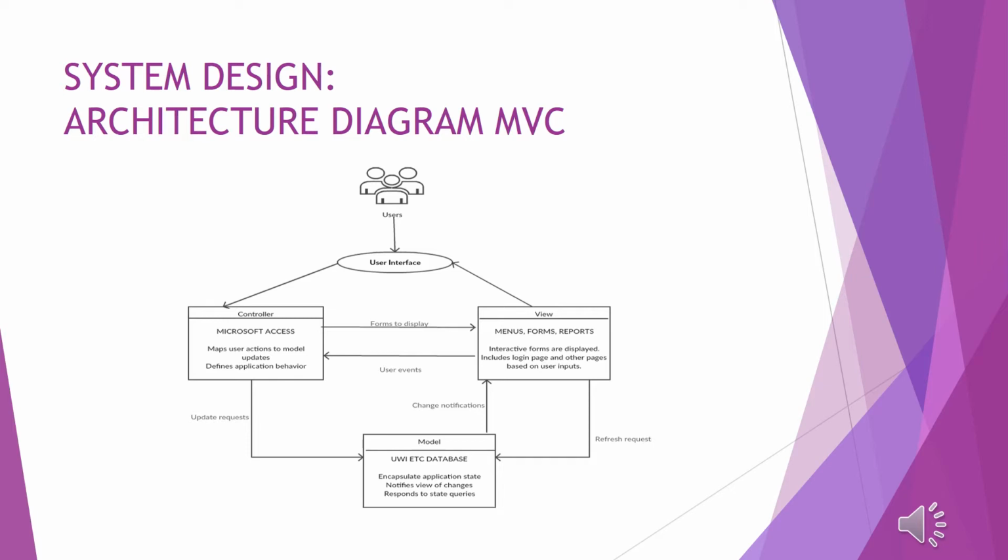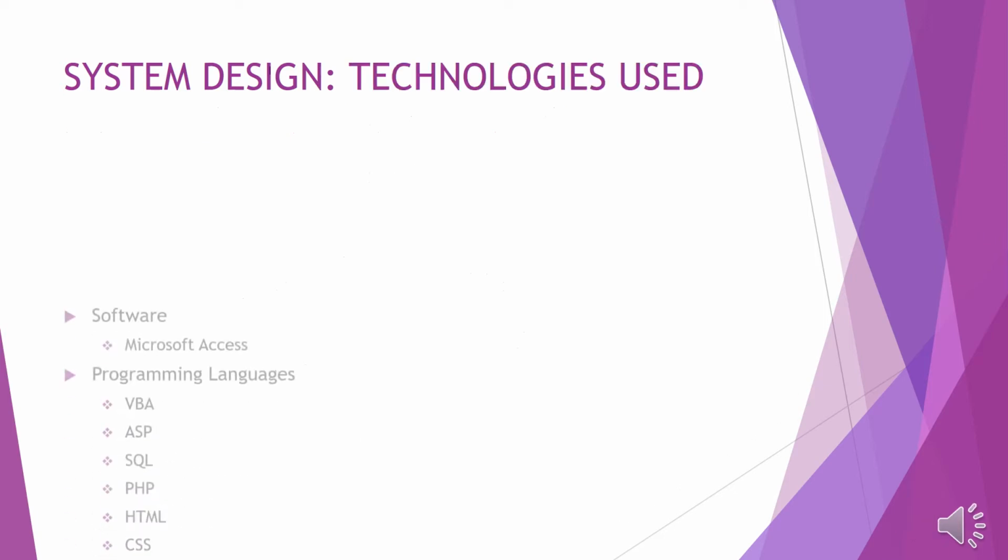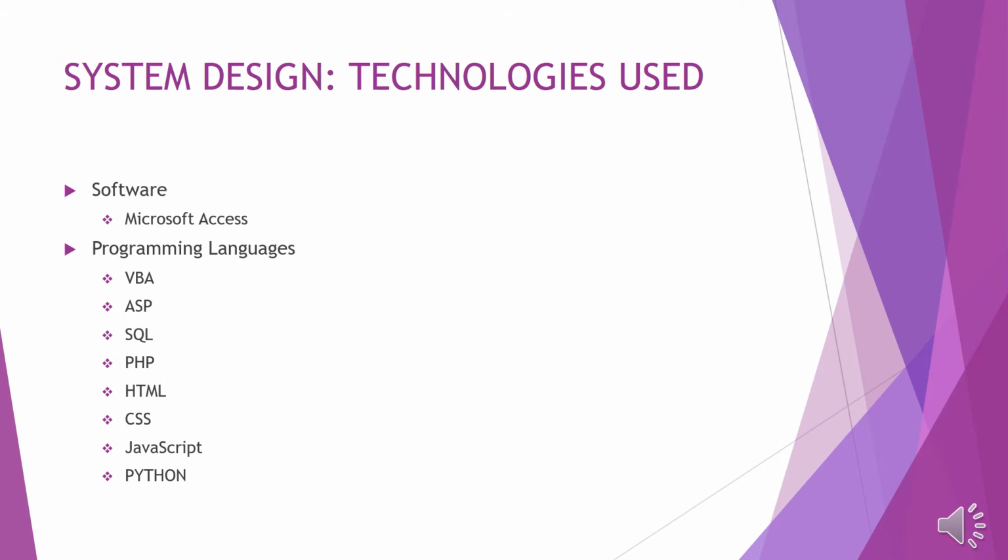The diagram you see here is in relation to the database component that was implemented during the semester. The technology used for software was Microsoft Access. For programming languages, VBA, ASP, SQL, PHP, HTML, CSS, JavaScript, and Python were all used.